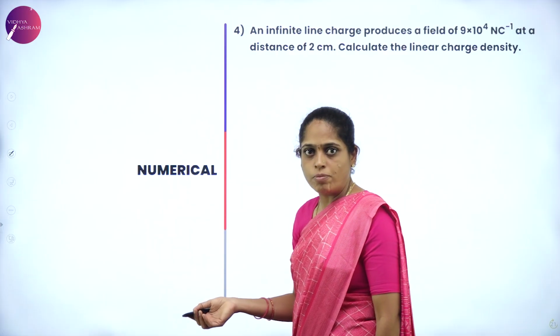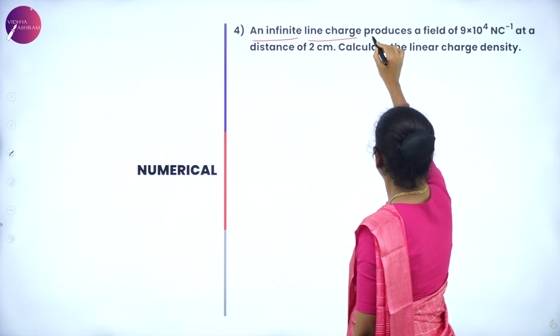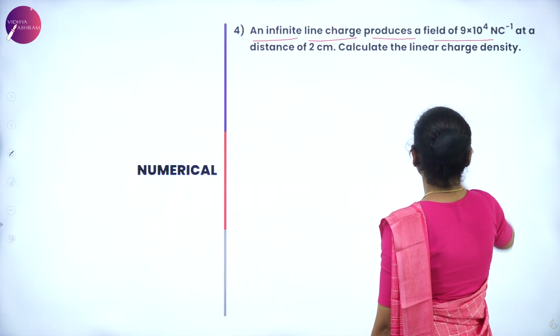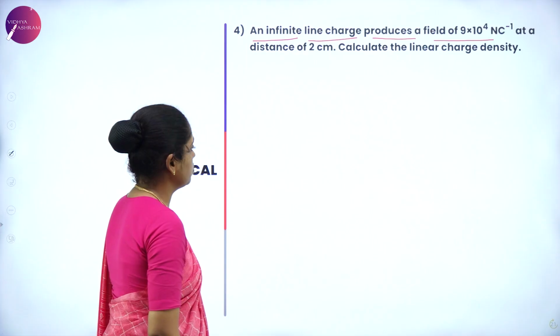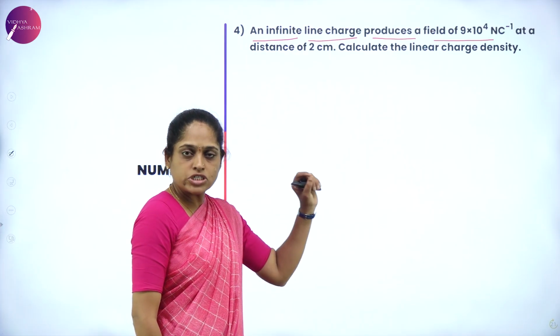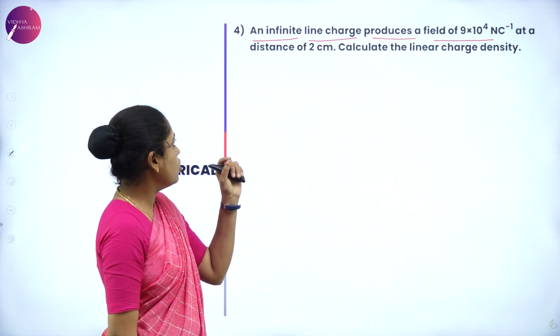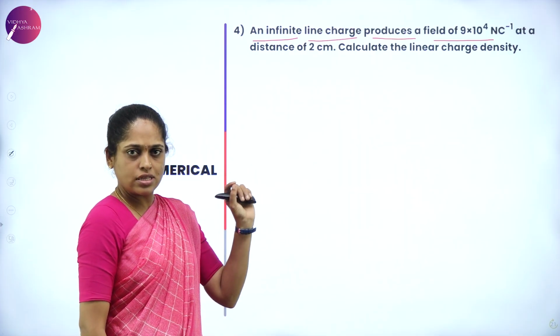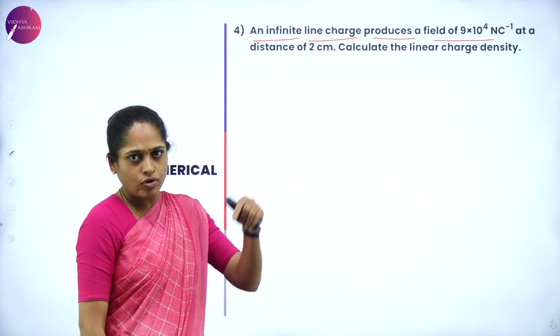The last problem. An infinite line charge produces a field of 9 into 10 power 4 Newton per Coulomb. So this is the question from Gauss law first application. You know the Gauss law first application is that the infinitely long straight wire which is uniformly charged.